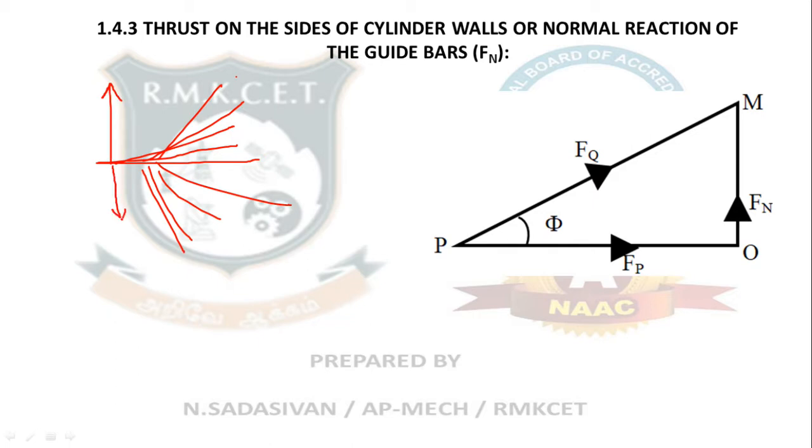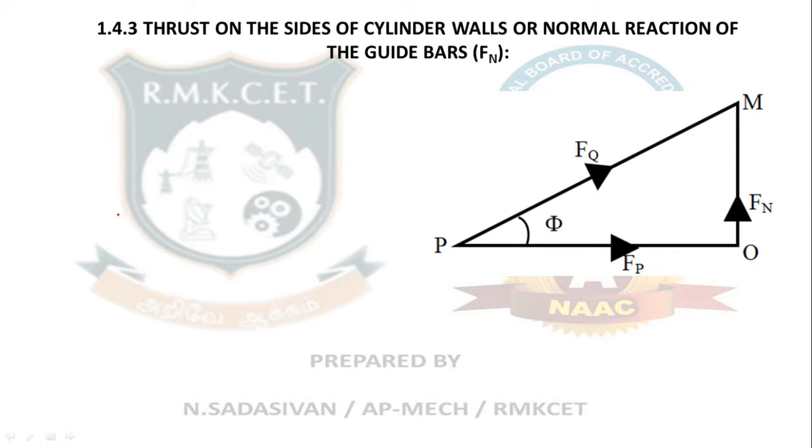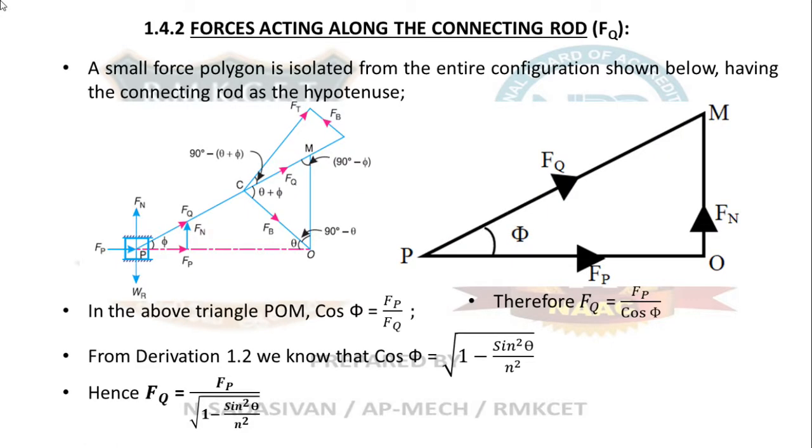Such a component exerted by a piston on the walls of the cylinder is called normal reaction. If you look into this diagram, this normal reaction is given here. It acts perpendicular to the walls of the cylinder or the guide bars. That is what I am going to solve for now.